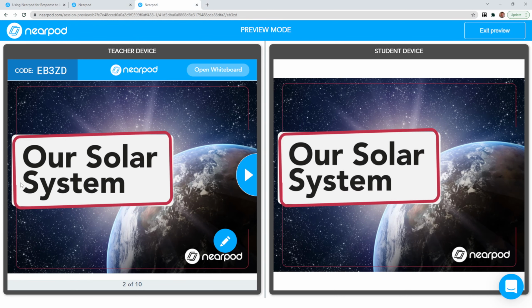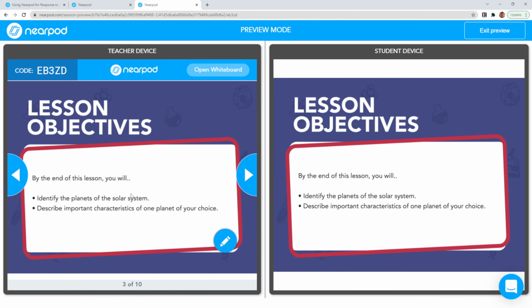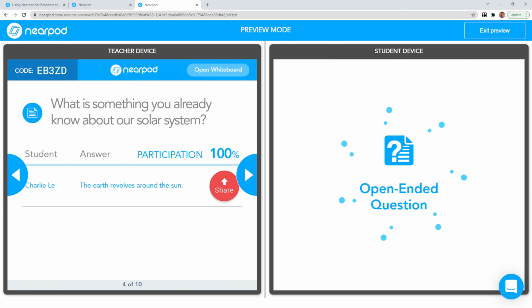So if you look at a demo, right, so you have your teacher device and your student device here, just a sample lesson here about the solar system. It'll align to some objectives, right? You can create these slides to highlight the importance of what the students are learning, right? Identifying the planets of the solar system, characteristics of the solar system, right?